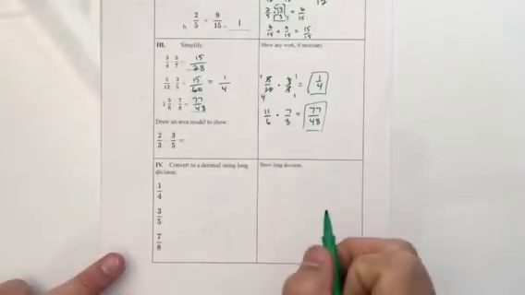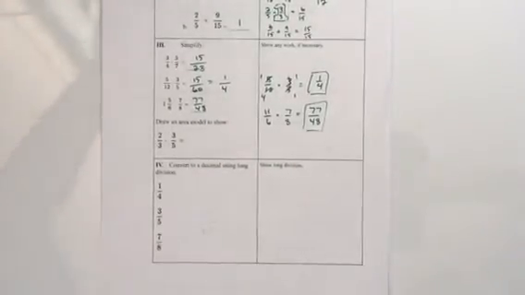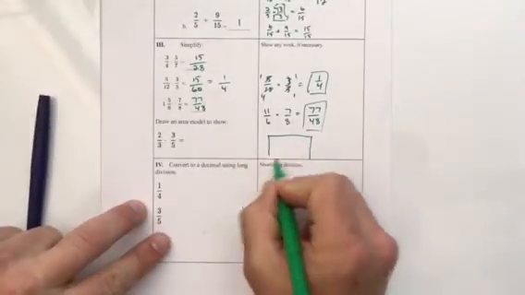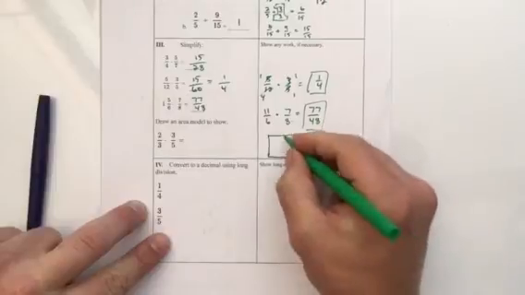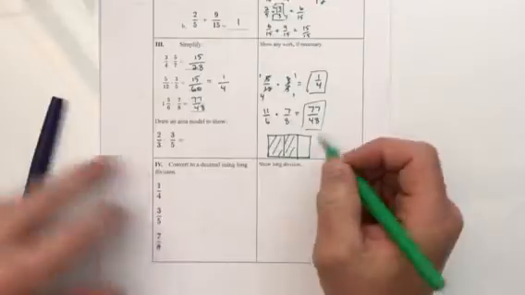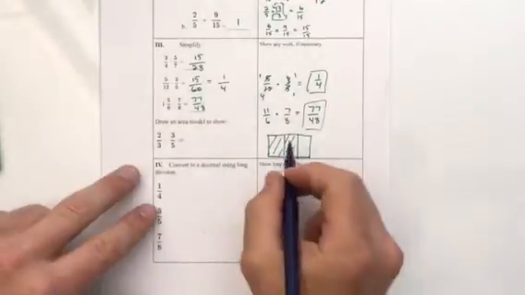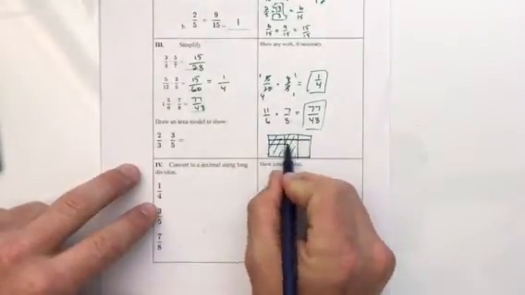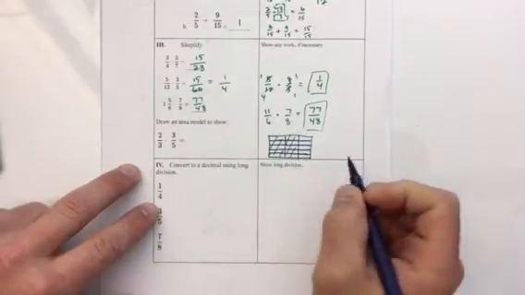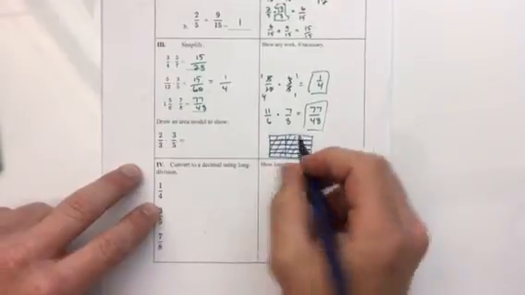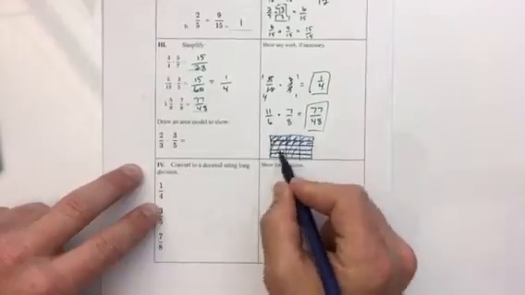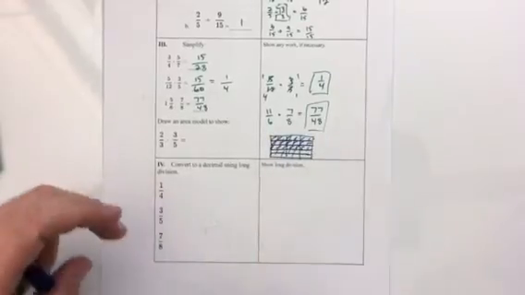Draw an area model to show. Let's see, let's get a different pen here. So if I have my unit rectangle here, first I'm going to show 2/3. And then the other way, I'm going to cut it into fifths, and I'm going to shade 3 of those. All right.